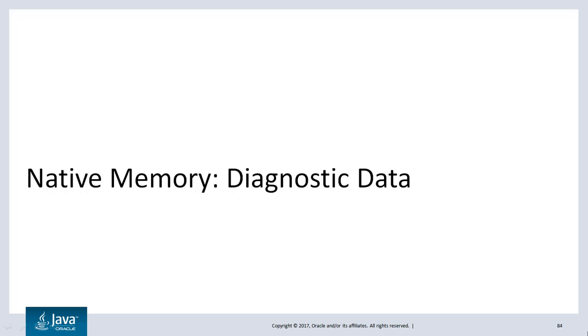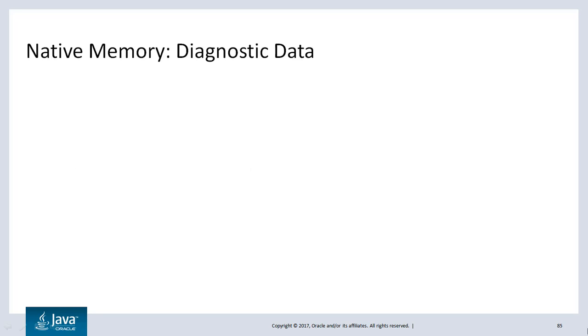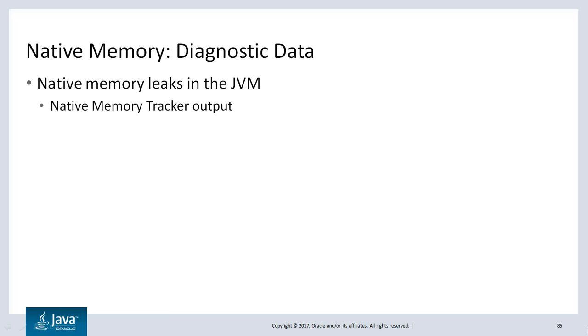Let's look at the diagnostic data that can help us troubleshoot native memory leaks. Native memory leaks can be in the native allocations performed by the JVM or in the native allocations outside the JVM. For the memory leaks in the JVM, the diagnostic data that we should collect is the output from the native memory tracker, or the NMT tool.